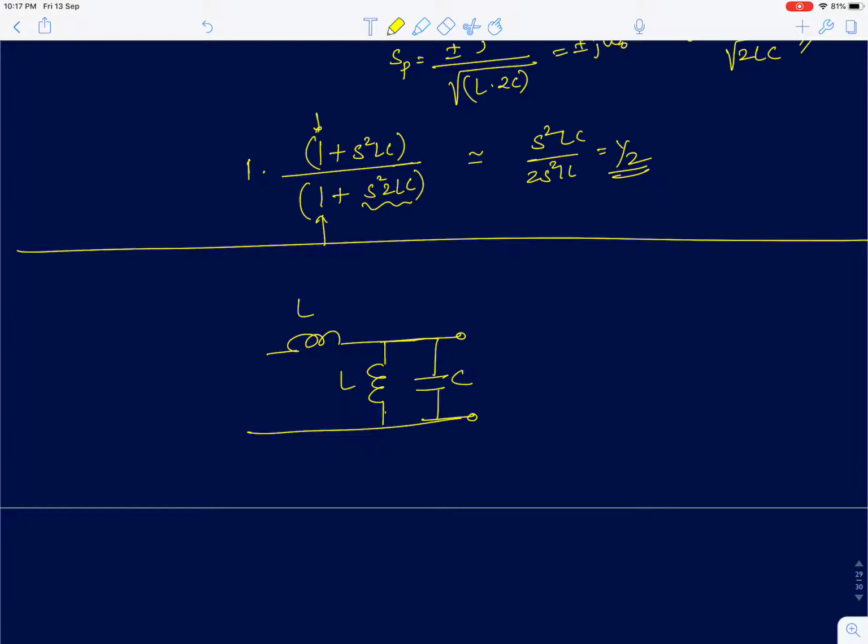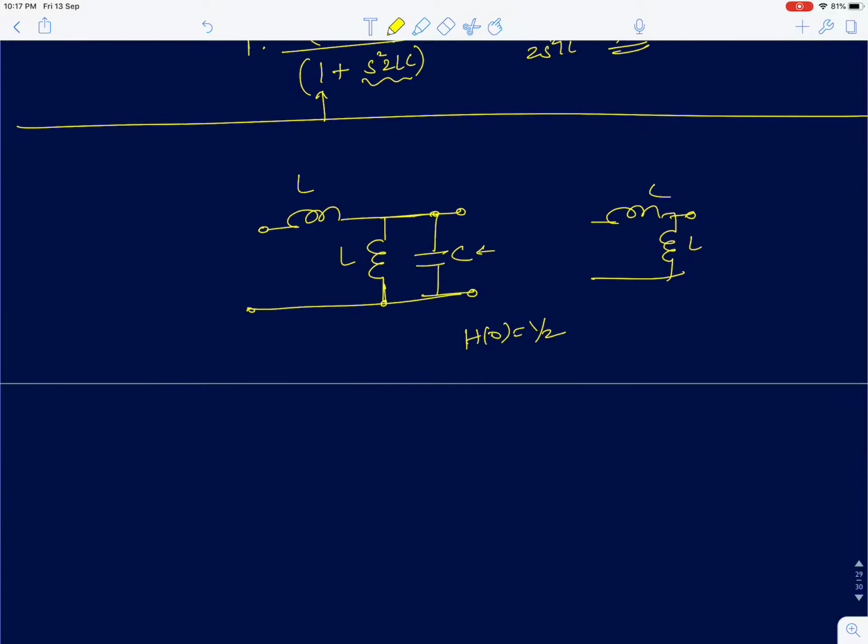Okay. Now for this circuit, again you are supposed to find the transfer function. So I'll very quickly write: at low frequencies the capacitor won't matter, so it will simply reduce to a circuit like this, L and L. So H of 0 is half. And does this have a zero? A zero occurs when this impedance becomes 0, and that happens either at DC.